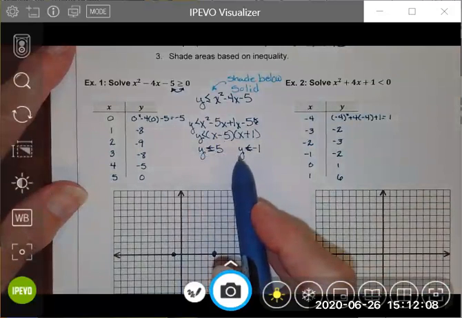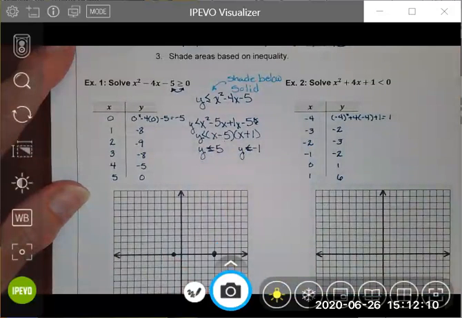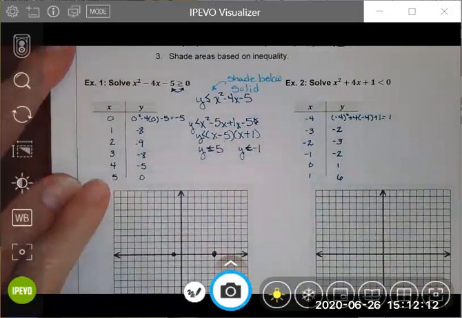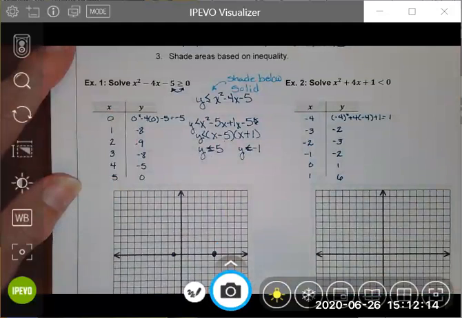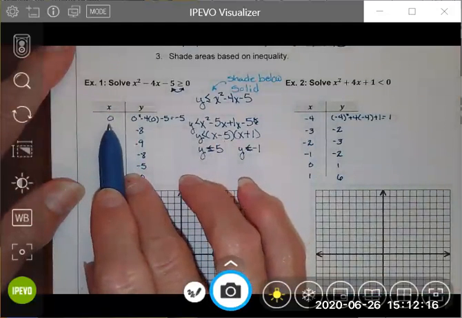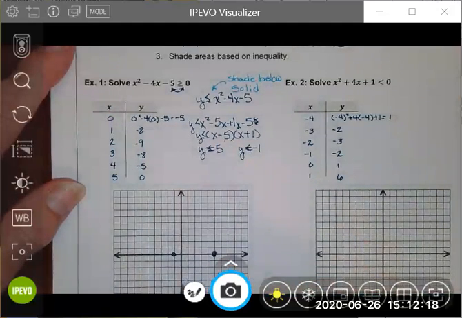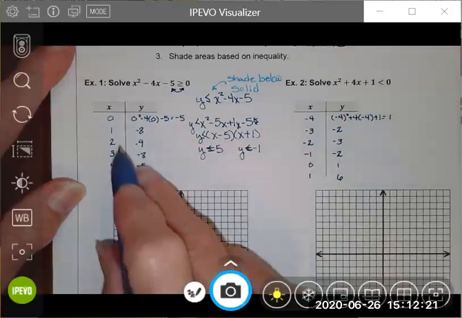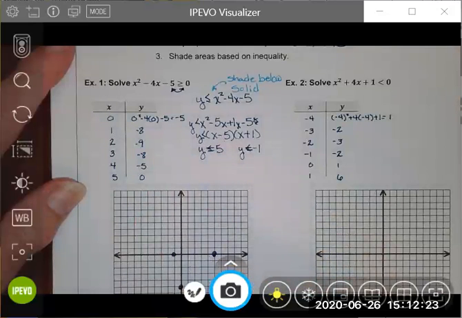We'll talk on the next page about how to do this algebraically. But for our purposes, let's just plot some points. So if my x value is 0, my y value is negative 5. I'm going to put that point. 1, negative 8. 2, negative 9. 3, negative 8.